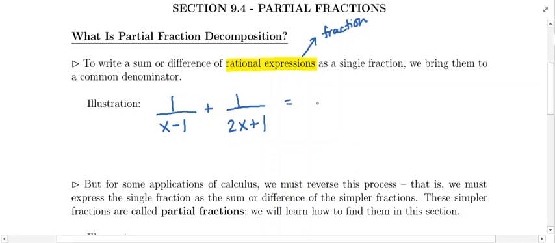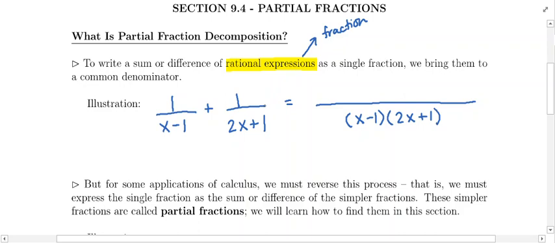So we would bring it to one fraction. To get the common denominator, the easiest thing to do is take your denominators and multiply them together. So the common denominator here would be x minus 1, that quantity, times 2x plus 1. Then you'd have to adjust the numerators.